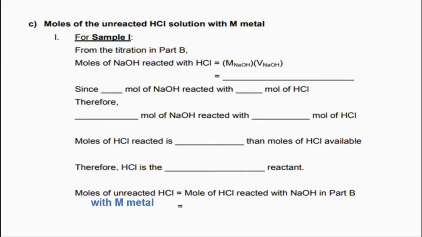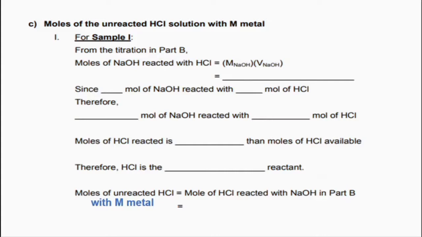Yes, there will be excess hydrochloric acid, or remaining hydrochloric acid left in the flask, unreacted. So in this case, M was the limiting reactant, and the HCl here was the excess reactant.